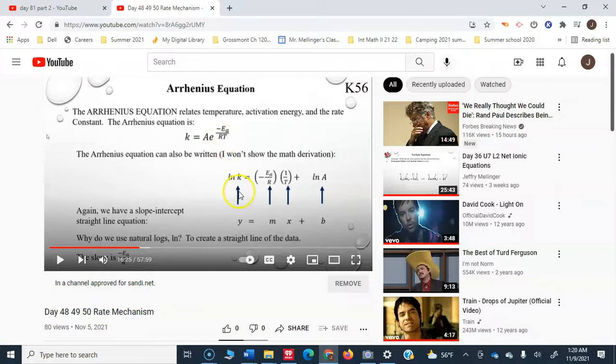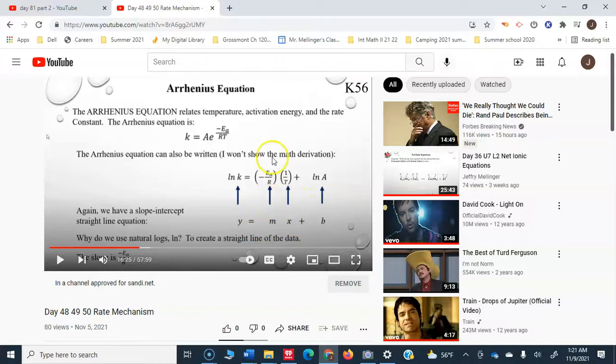And what you can do, using math, is convert it to this equation. And again, why do we use natural logs or logs in general? It's to convert curved lines, which this equation is, into a straight line. So you see this has y equals mx plus b. That's just integrated math 1 formula for a straight line.